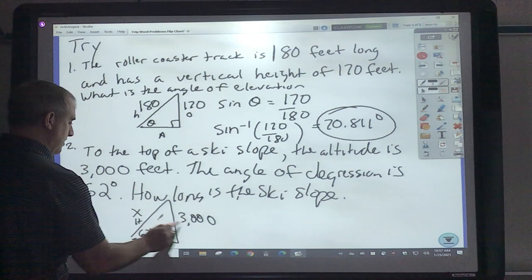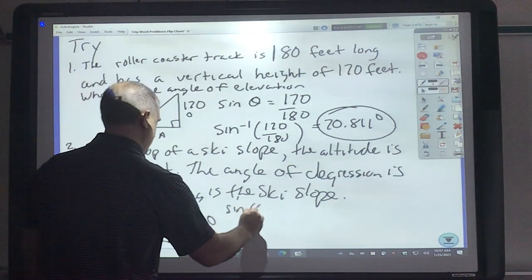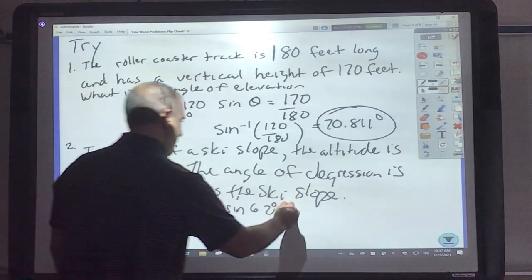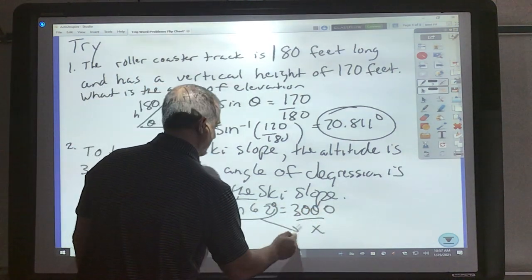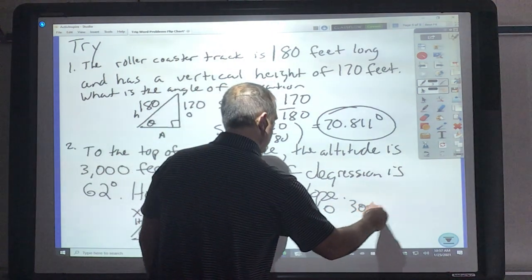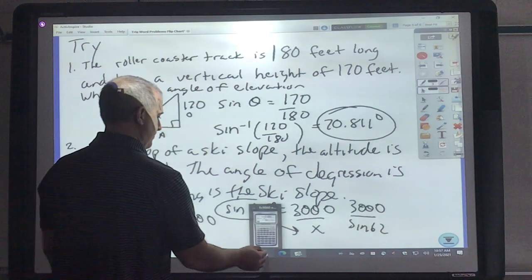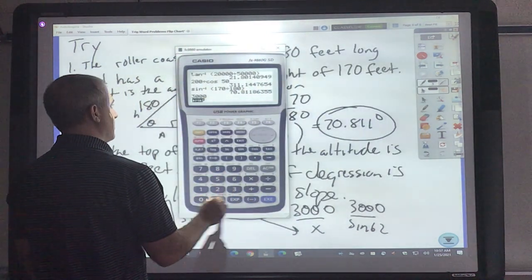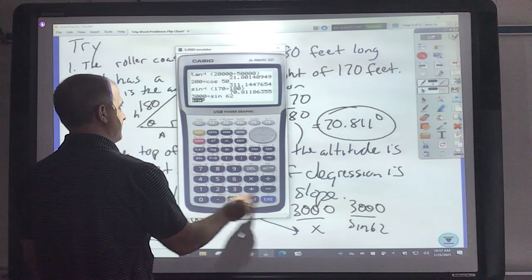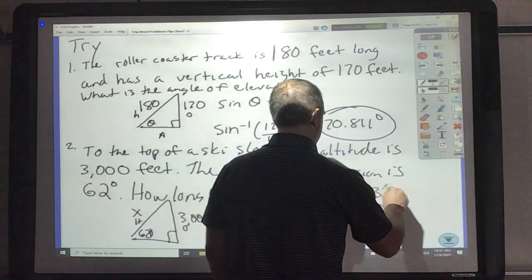This is hypotenuse and opposite, so sine of 62 degrees equals 3,000 over x. Once again, that's going to switch down there, so 3,000 divided by the sine of 62 is 3397.71.